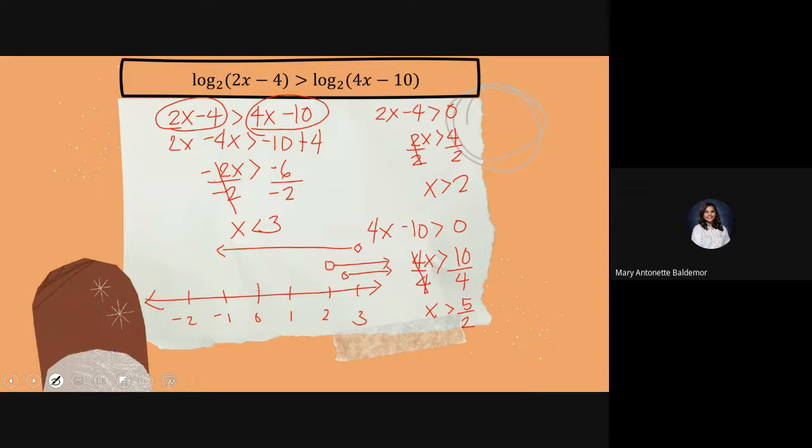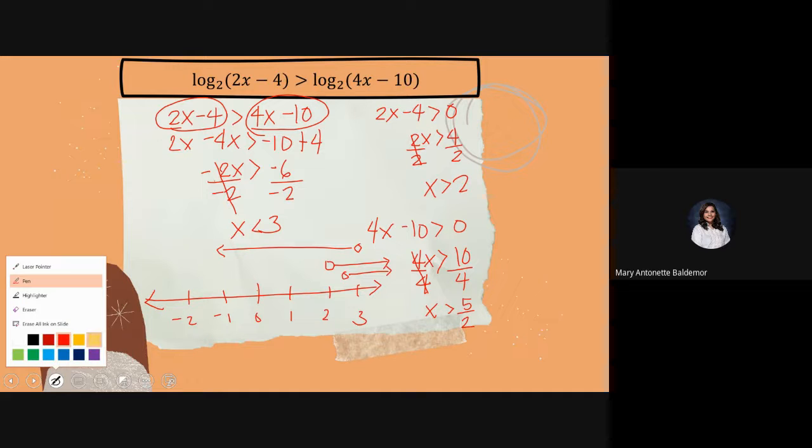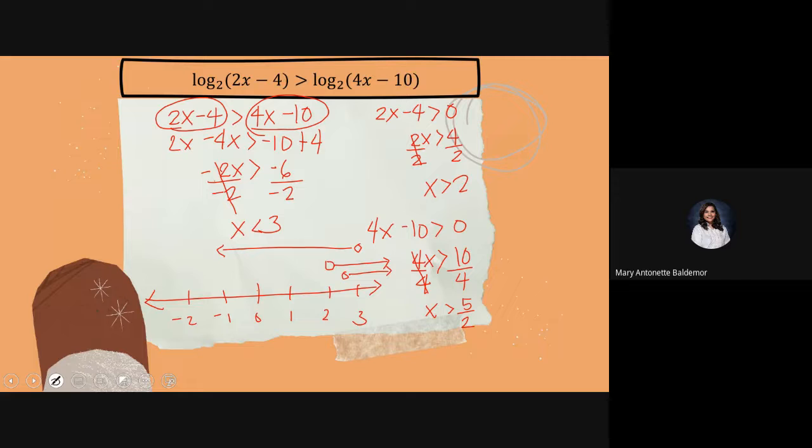Okay, so we are now going to get the intersection of these three. As you can see, the intersection of these three can be found somewhere in between here in this portion.